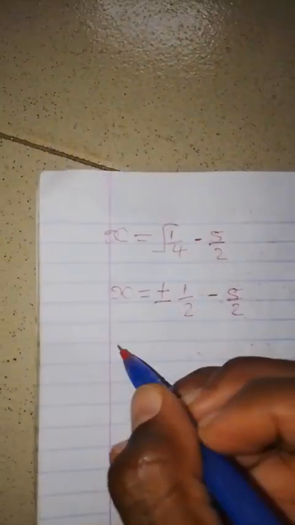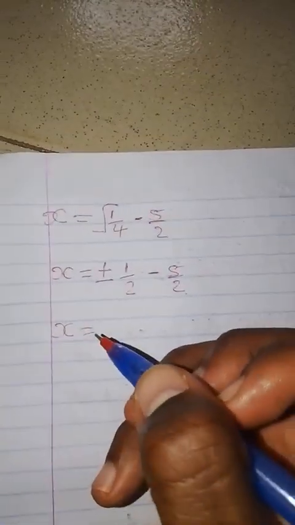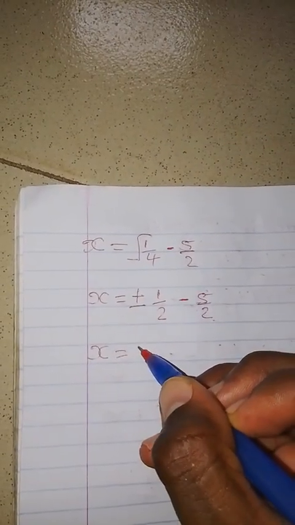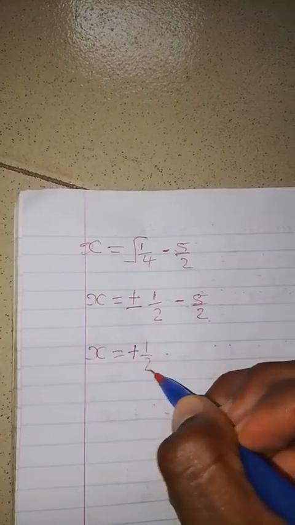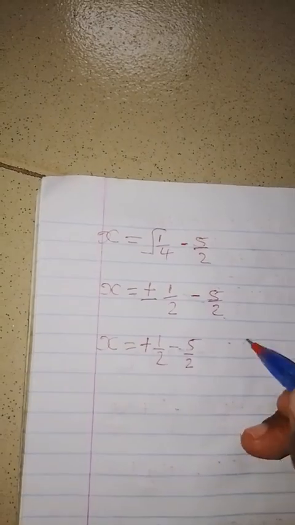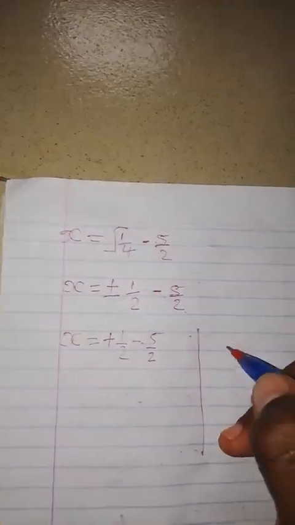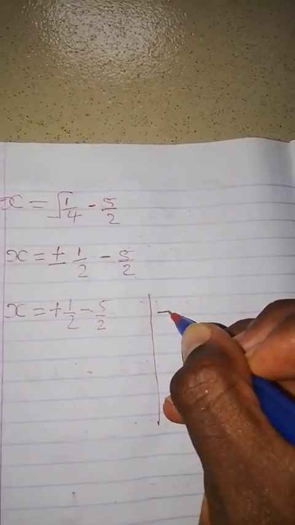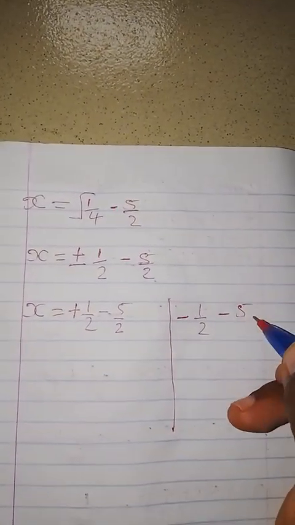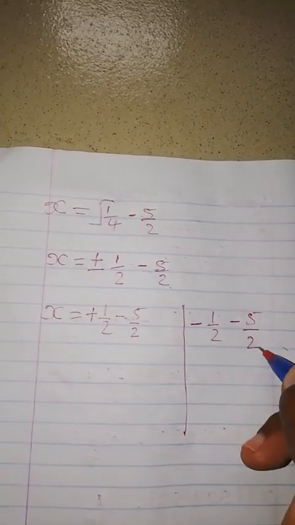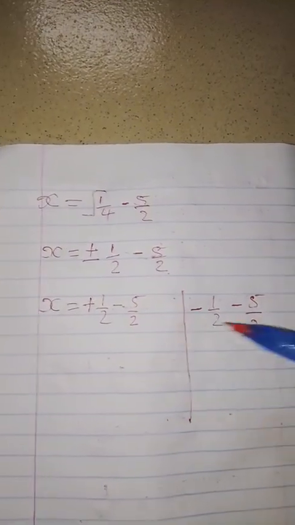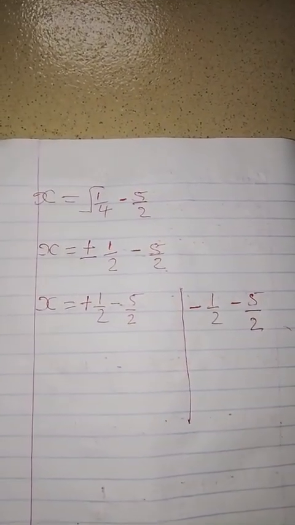So x is equal to plus 1 over 2 minus 5 over 2, and minus 1 over 2 minus 5 over 2. Remember we have plus or minus. This is plus, this is minus.